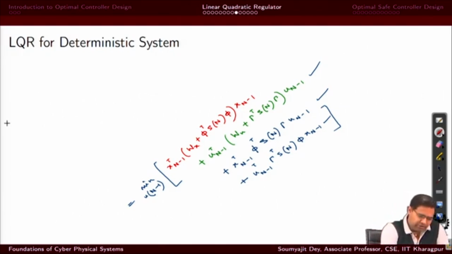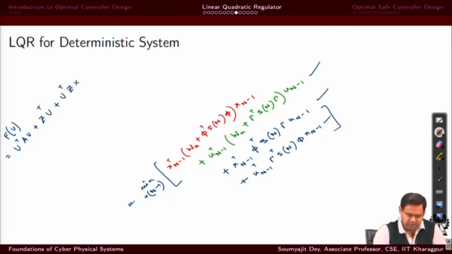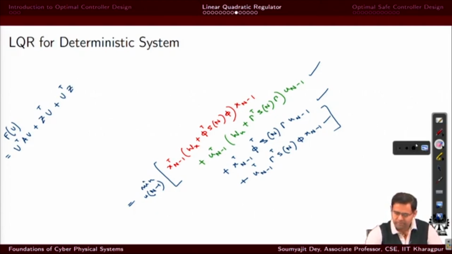So, we write a function f of u, which is of this form: u transpose A u plus z transpose u plus u transpose z, where of course, let us see what these are.